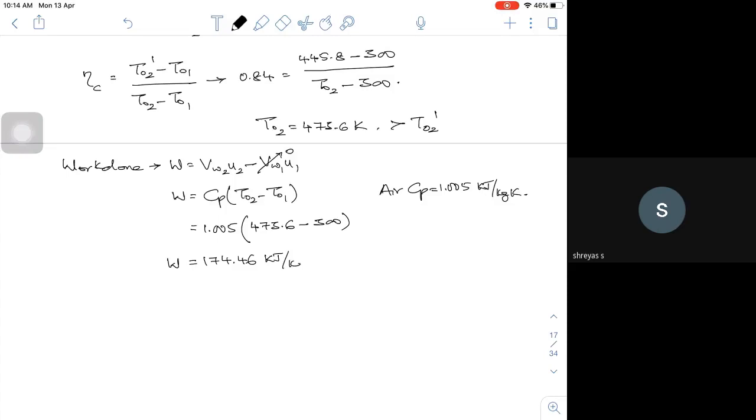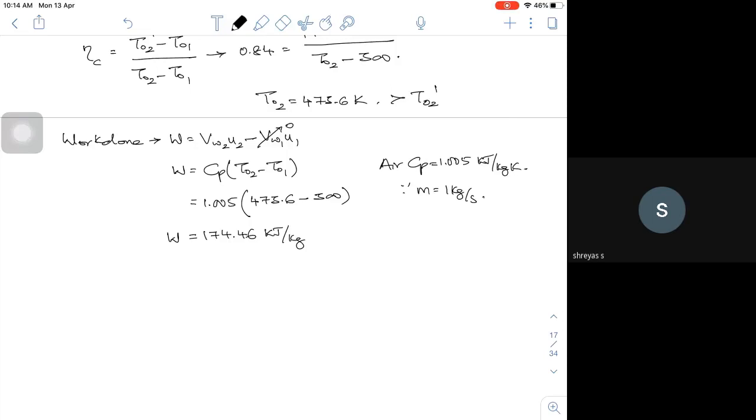I am going to assume the mass flow rate as 1 kg per second if it's not given. Otherwise, if the mass flow rate is given, I can multiply by it, because this is specific work, where for this condition my mass flow rate is 1 kg per second. If I multiply by the corresponding mass flow rate, I will get the power.